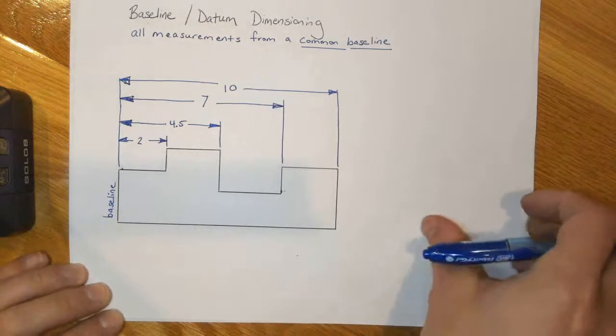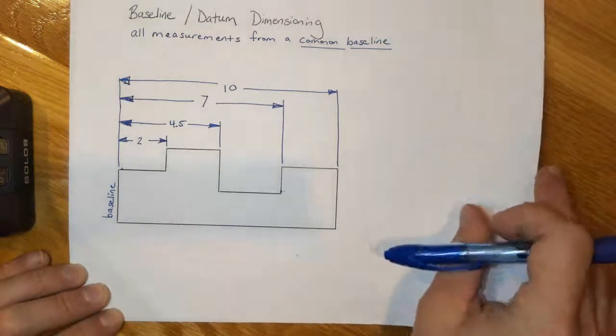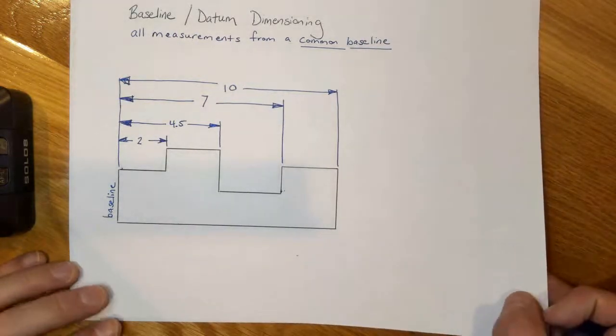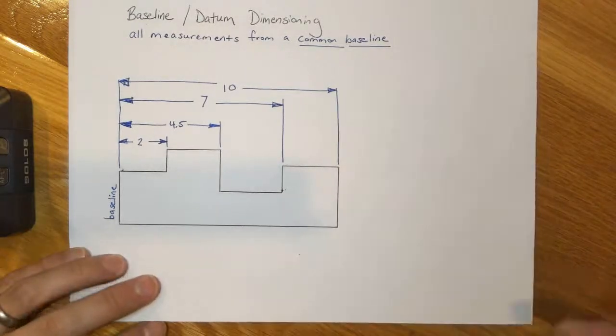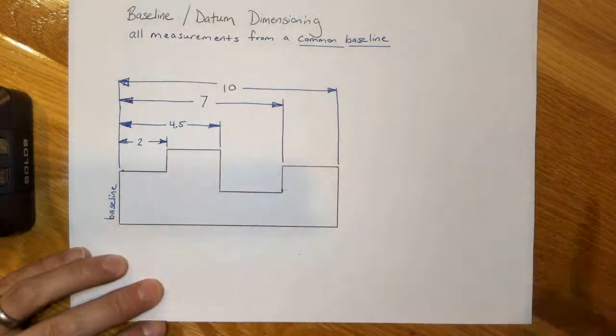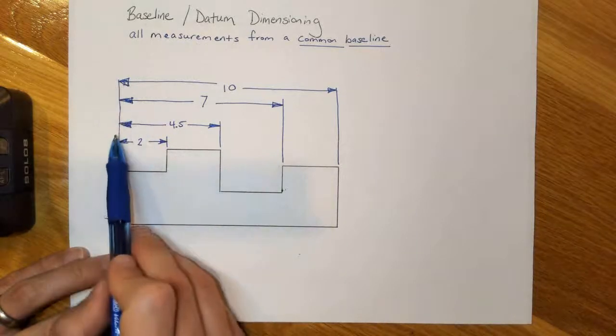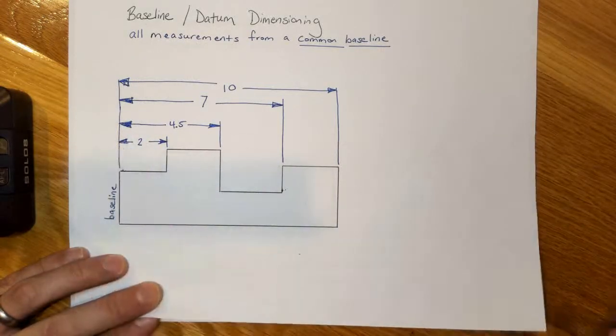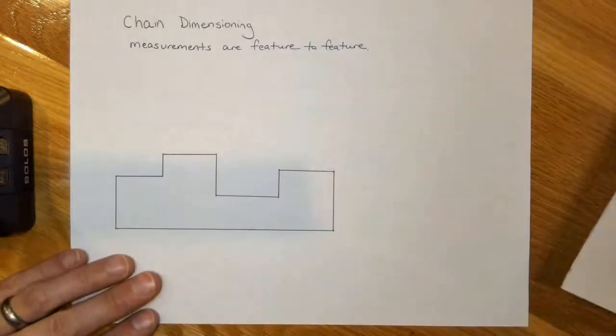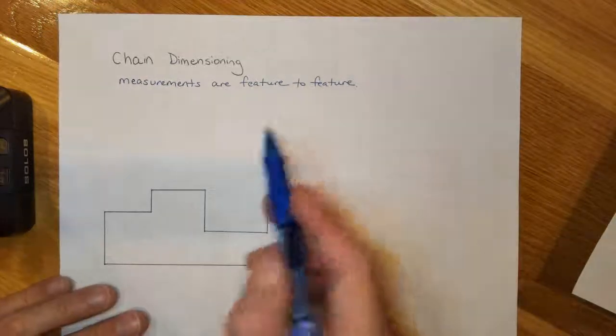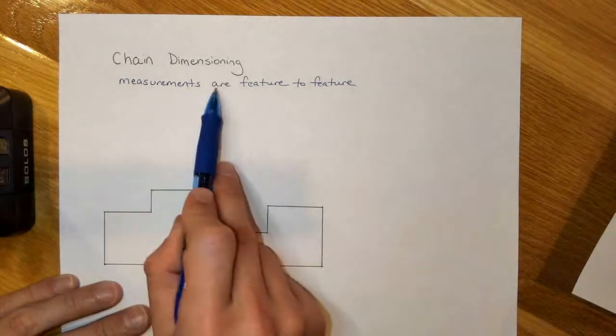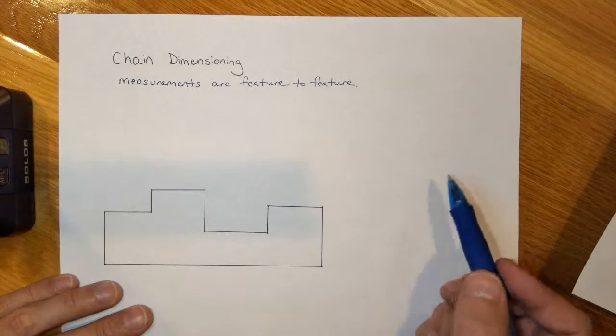Anyway, that's baseline. And that really point at the end leads into the next one, which is chain dimensioning. But again, remember, baseline and datum are both the same. All measurements coming from one side of baseline. So chain dimensioning is where we put our measurements from feature to feature.